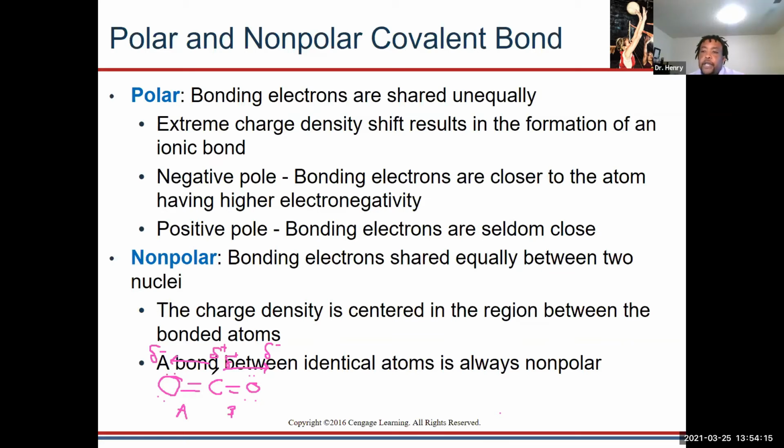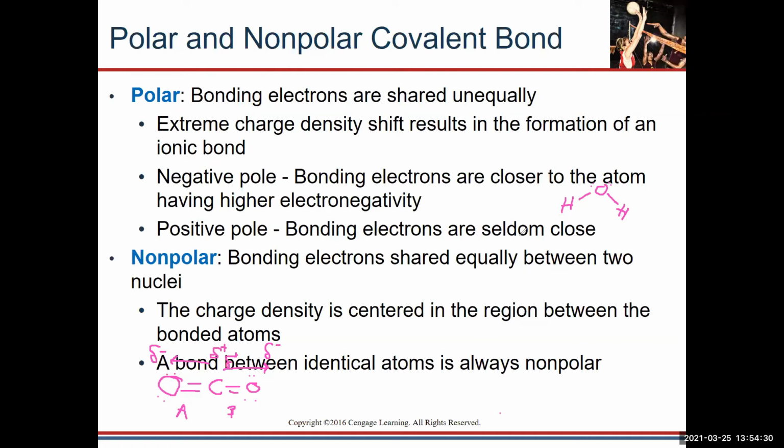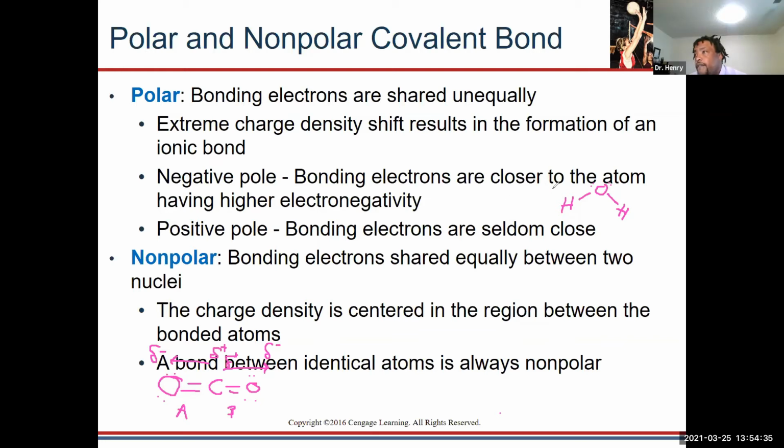Okay, so if we look at water, can you guys see my water molecule? Right? So if we talk about water, what is the polarity for hydrogen and oxygen? The bond polarity.